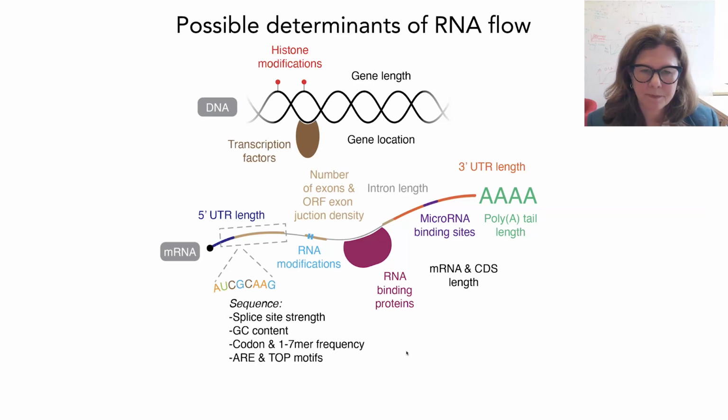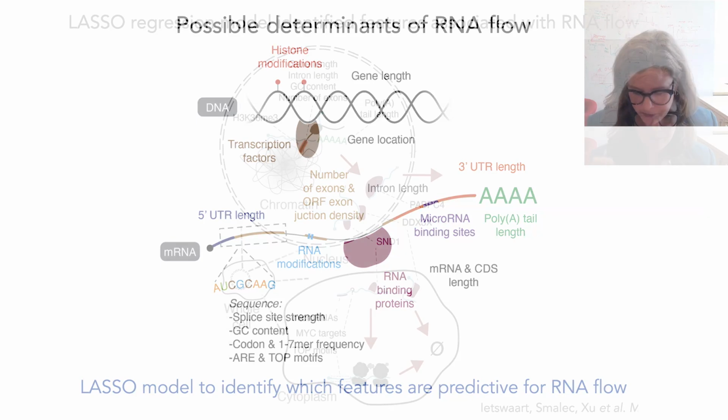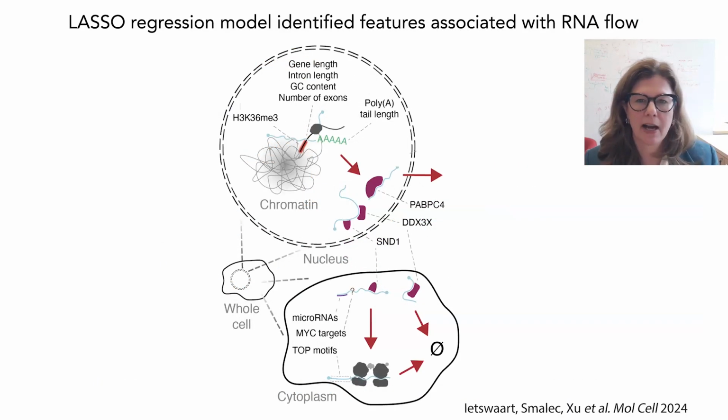And then we used a lasso model to identify which features were most predictive of RNA flow at a large scale. So this is a model that allows you to identify features that can predict what you've measured for a large amount of the data. And here are some of the things that we got out of that model and that were shown as important.